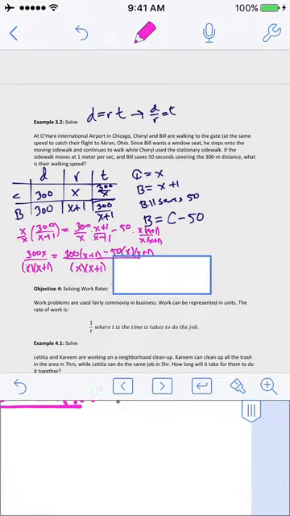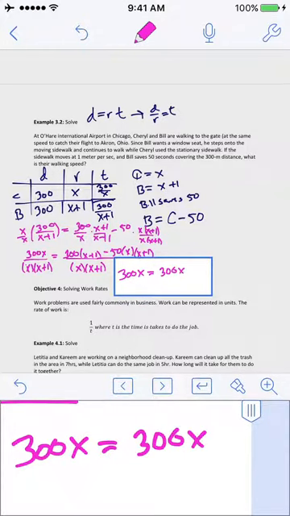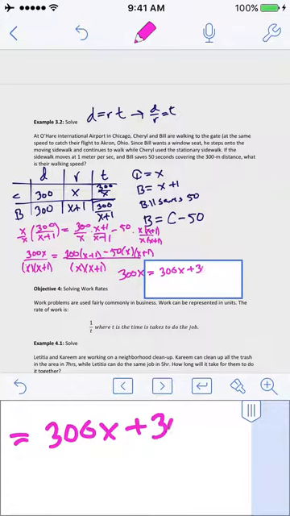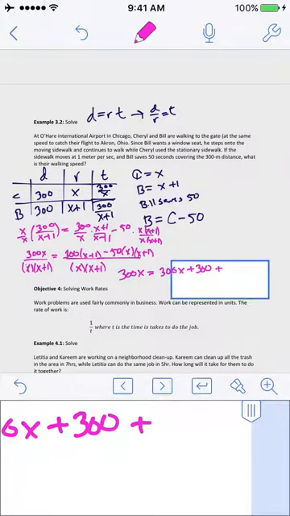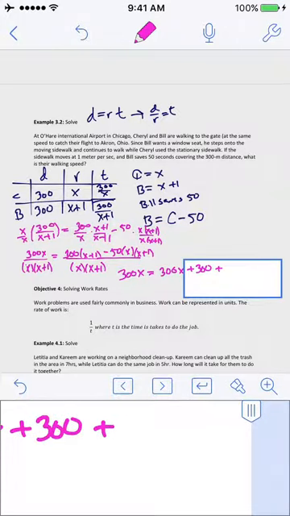Now the denominators are the same, so I end up with 300x equal to 300x plus 300 plus, let's see, 50. If I combine all that, that's 50x squared plus 50x.